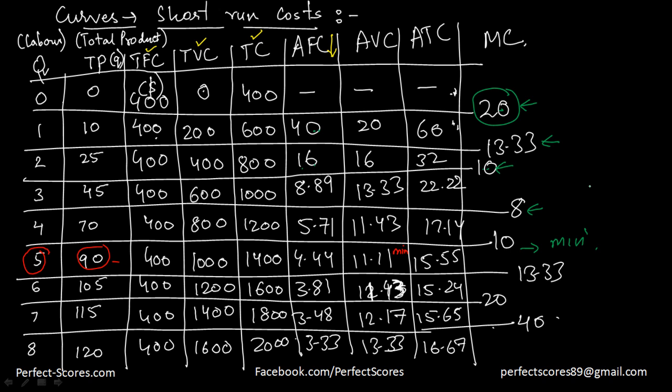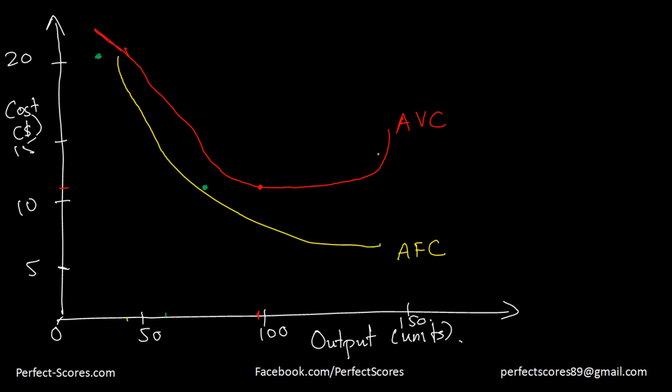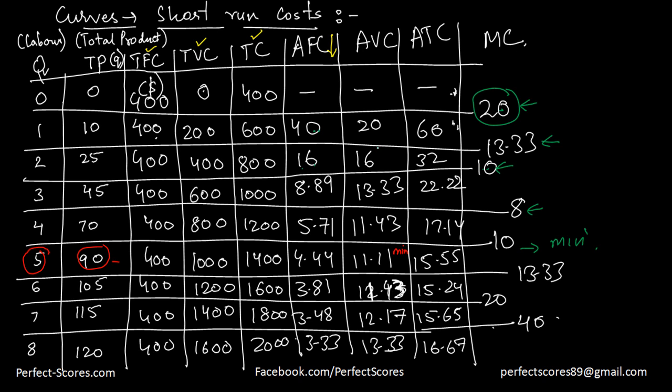So another important thing is that this marginal cost, when will it actually meet the average variable cost? When will this marginal cost curve meet the average variable cost? So what is the average variable cost? You can clearly see average variable cost is here. Now at the minimum point of average variable cost, which is 11.11, marginal cost is also between 10 and 13.